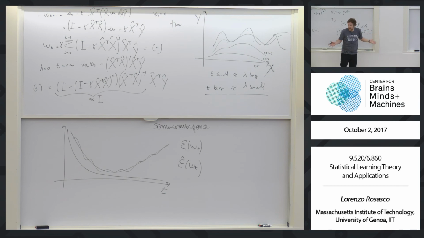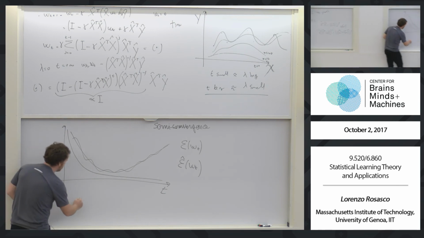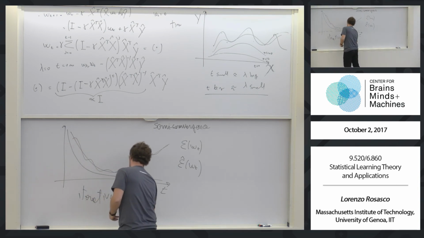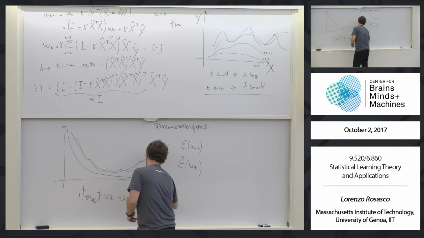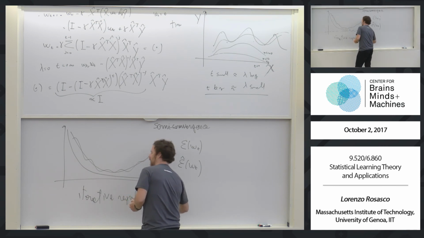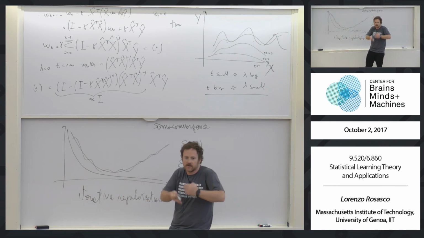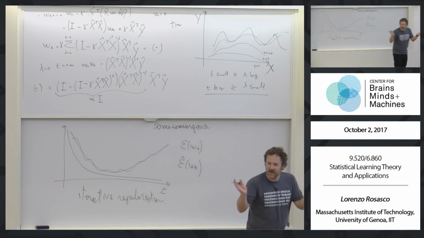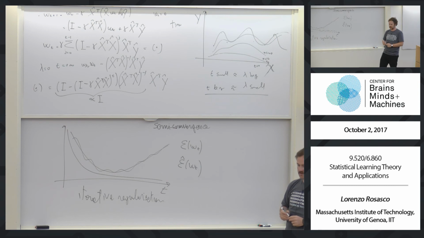It's like taking lambda very small. It's not about that. The more correct name is iterative regularization. Otherwise, you end up asking, why early? Early sometimes, not early other times. It's just that iteration does the job. That's the important bit.